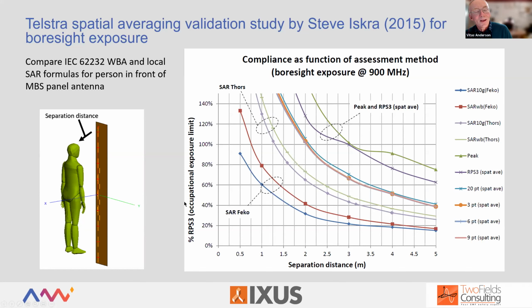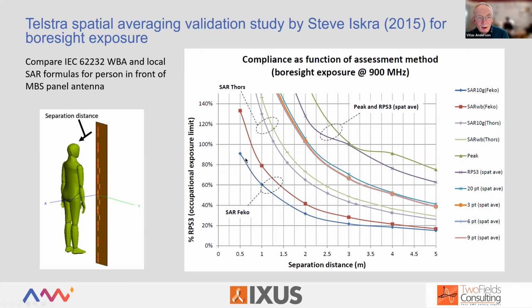Then he plotted this out on a graph, showing the percentage compliance with the RPS occupational exposure limit versus separation distance from the antenna. For instance, with this blue line, the 10-gram line, you can see that when you're about 1 meter out from the antenna, you're about 60% compliant with the 10-gram SAR limit.